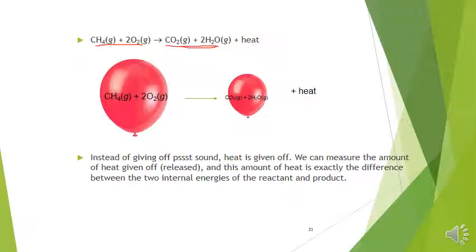We find out that the reaction gives off heat. That means that the products have less energy than the reactants by this amount of heat. So the difference between the reactant and the product's internal energy is how much heat is given off.